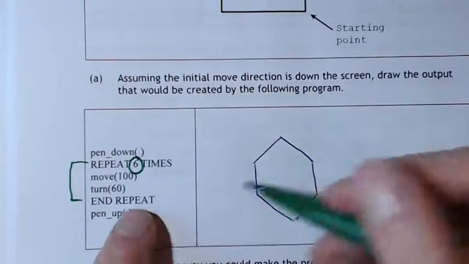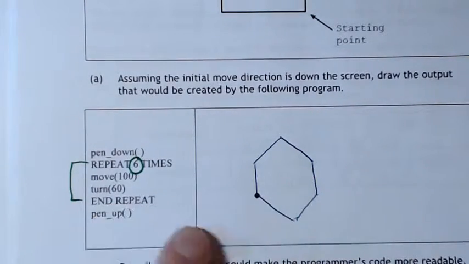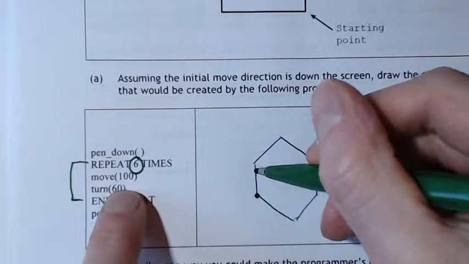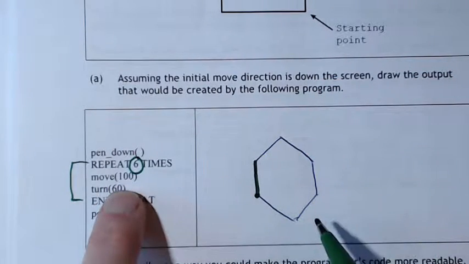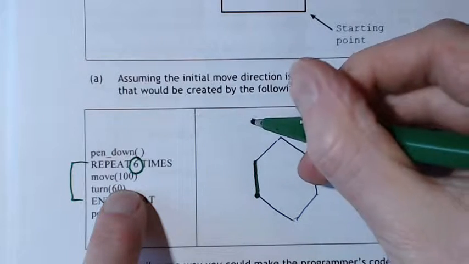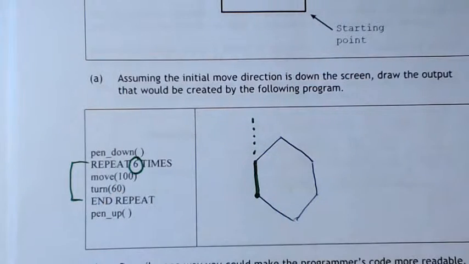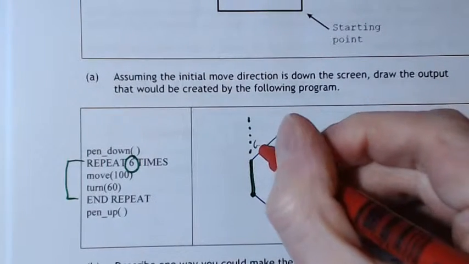If you think about it, this might be the start point. It says move 100. It then turns 60 degrees, so turn 60, so that's where the 60 would be.